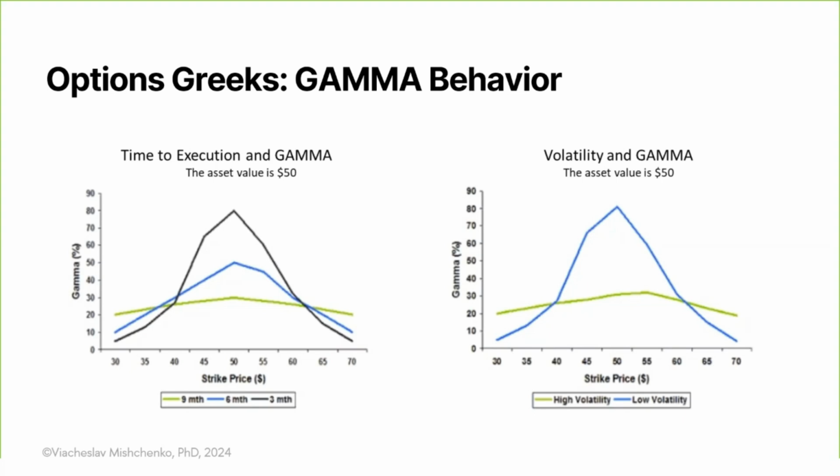Why? Because in low volatility environments, your gamma risk is usually concentrated, which makes you more sensitive to small moves around the strike price, for example. And in high volatility environments, your risk is more spread out, I would say. This is very important to understand.